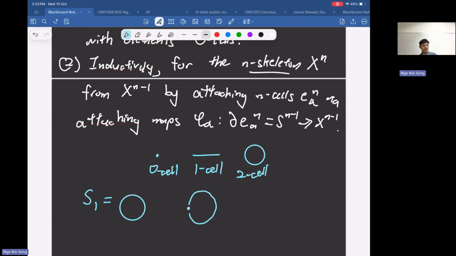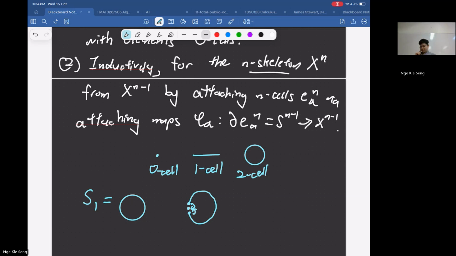You need to take the boundary of this one cell and glue it, mapping it to the skeleton before it. What's before one cell? It's a zero cell. So you need to tell me how you glue these two endpoints. I send them to this zero cell point. That's why this attaching map is a gluing. You just need to glue the boundary. Make sense?